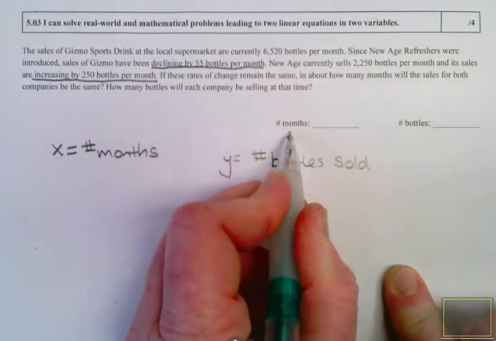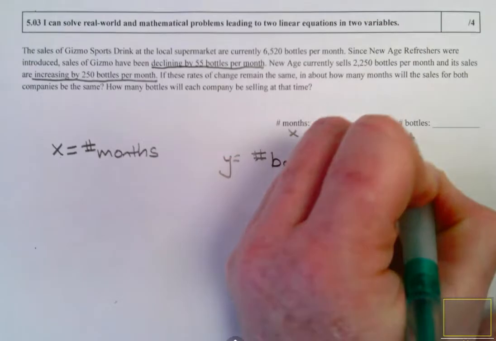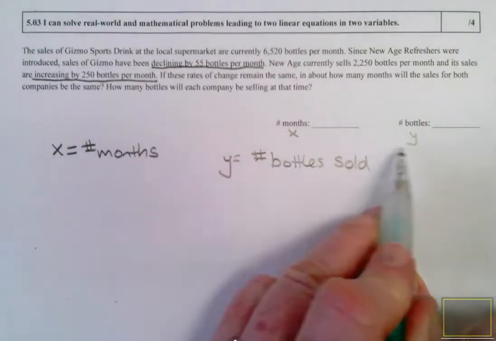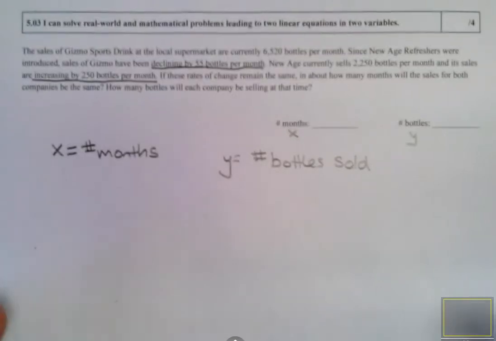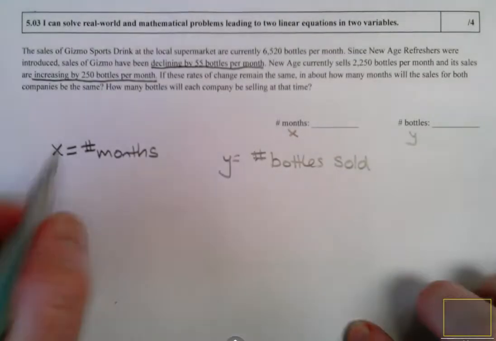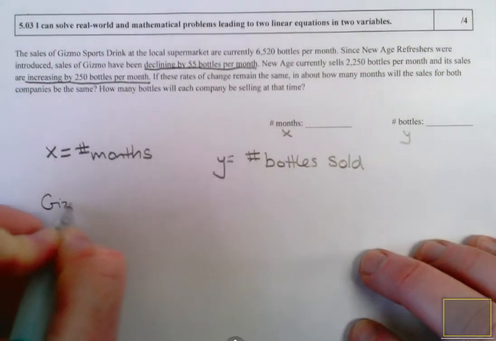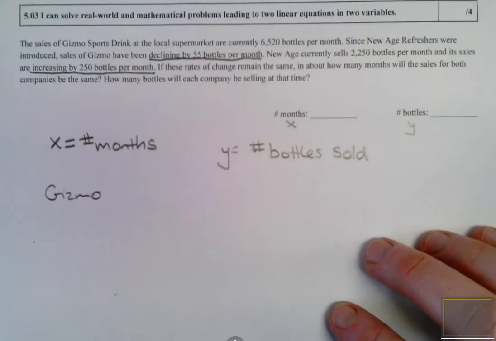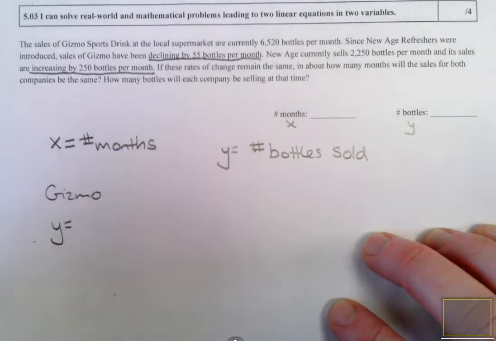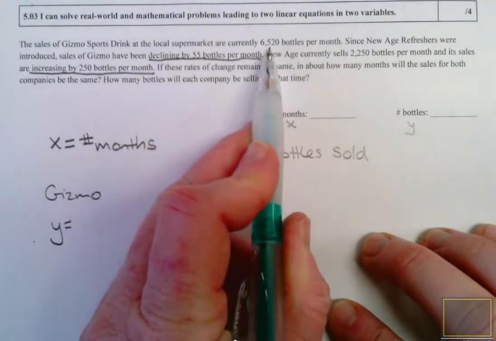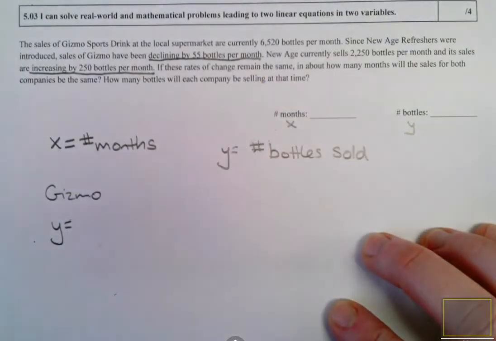We kind of have a little tip here too, right? We have months and bottles. All right, so we've got Gizmo. So we're thinking about a y equals mx plus b here. So the number of Gizmo bottles sold starts at 6,520, and it's declining by 55 bottles per month.